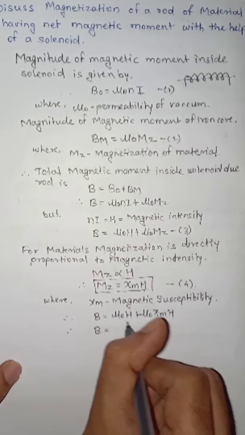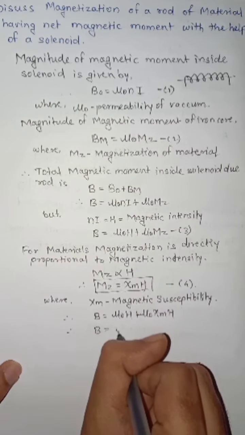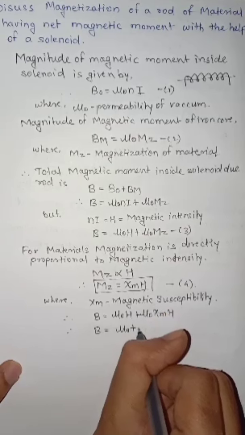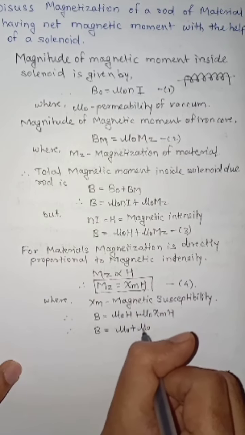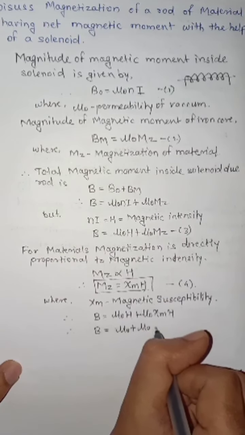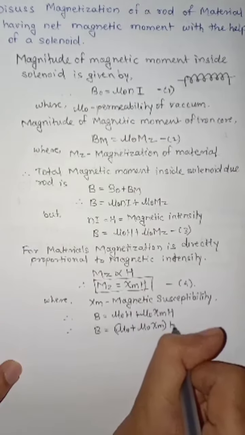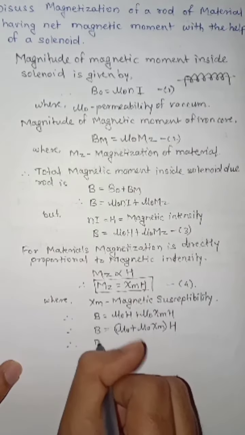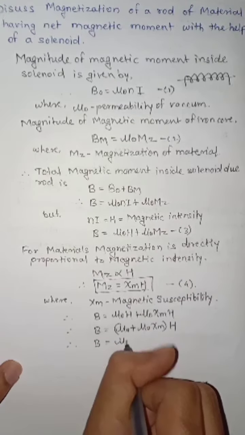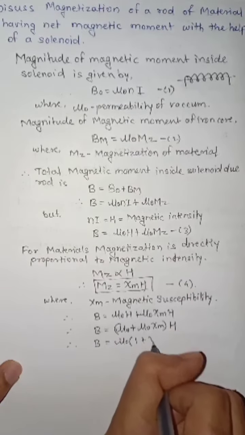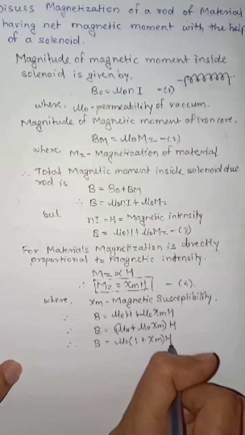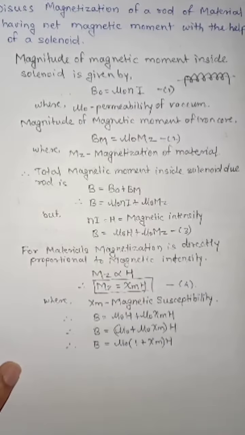Therefore B is equal to, here H is constant, so we will take it as common. So mu0 is also common. First we will take H, and in the next step we will take out mu0 also common. So we get here 1 plus chi m into H. Okay.